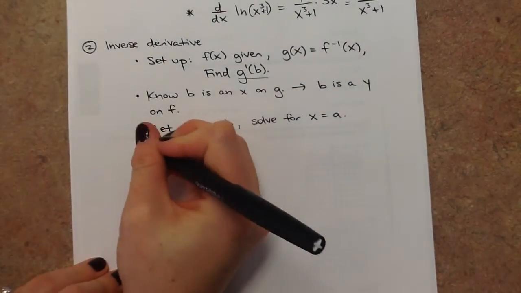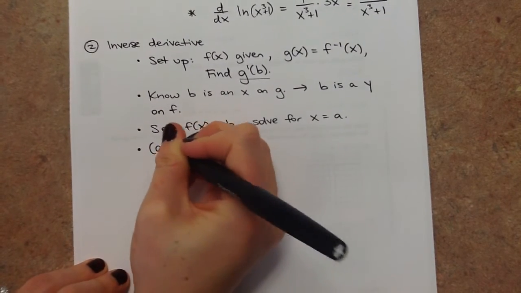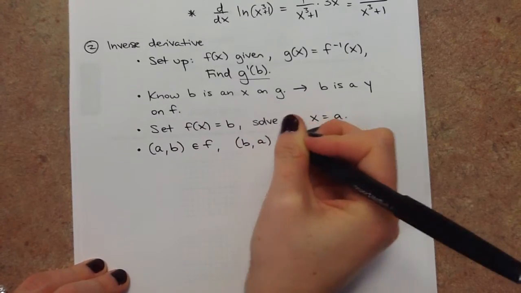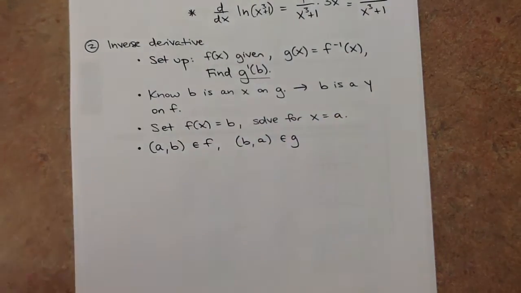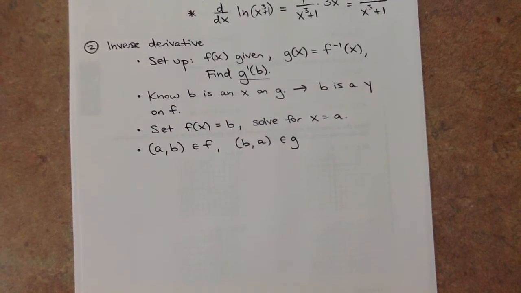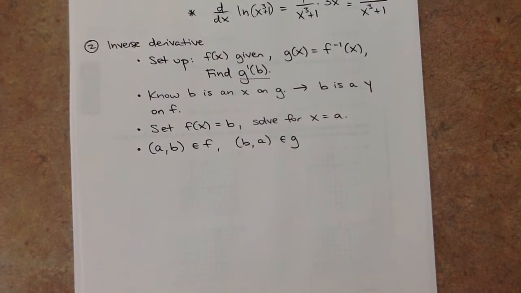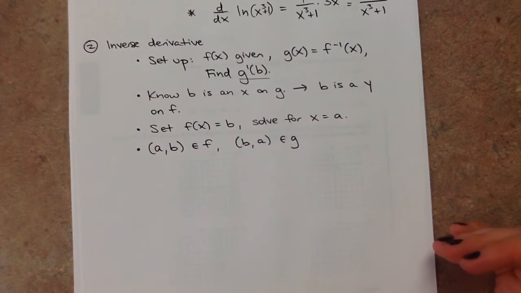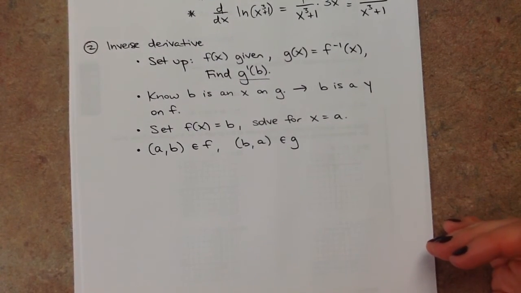Okay, so now here's what we know. (a, b) is a point on f, which means (b, a) must be a point on g. And remember that little Greek lowercase epsilon, it means is an element of, is a point on. Okay, so I know this is all very generic, but are you guys good with what we would have figured out so far up to this point?